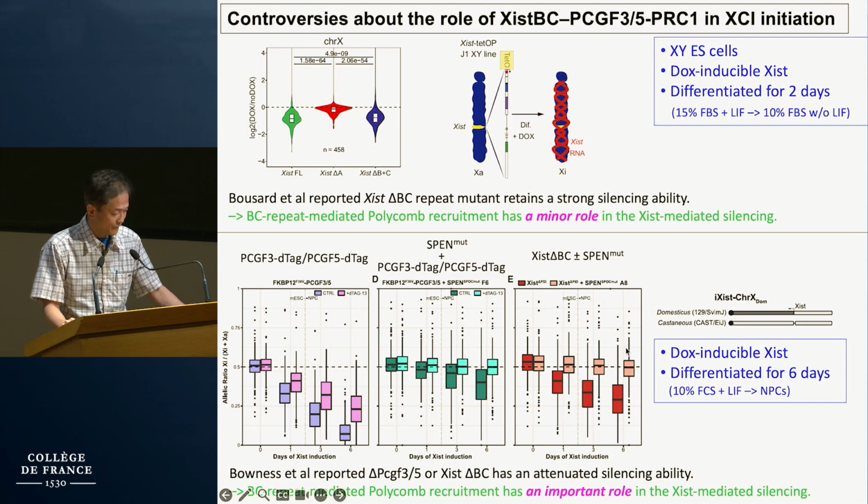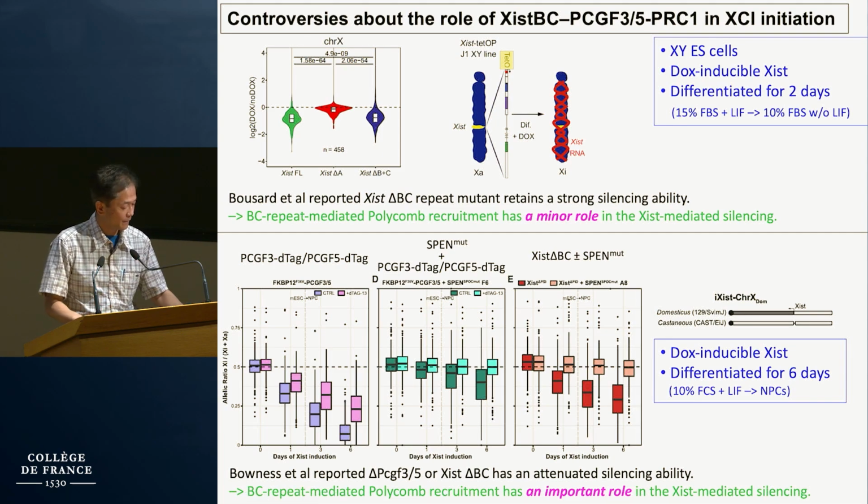However, in Neil's experiment, they also used this Xist delta BC mutant. Sorry, this is a control, so it goes to silencing during the induction of Xist RNA. But it's compromised in this BC mutant, suggesting the BC repeat has an important role in Xist-mediated silencing initiation. So we just wondered what happens in the in vivo situation.